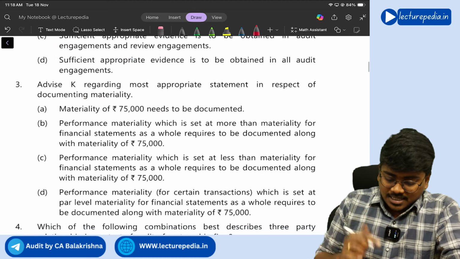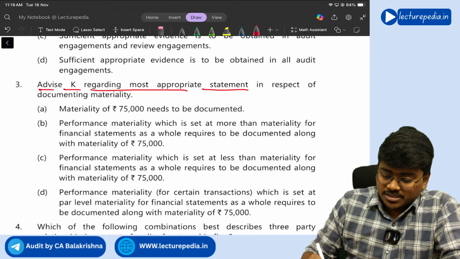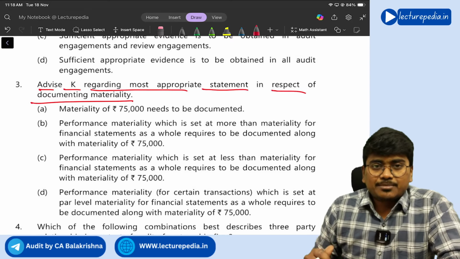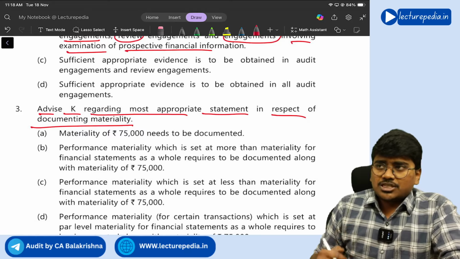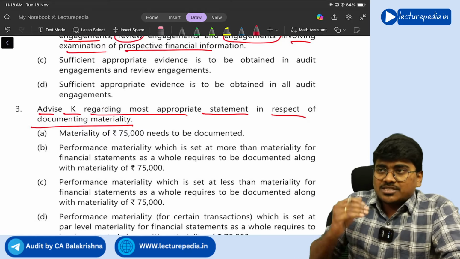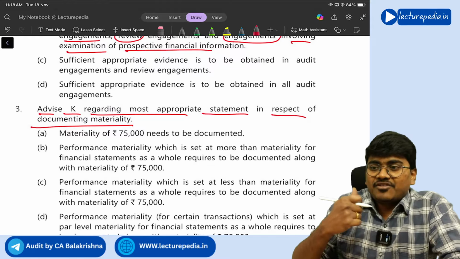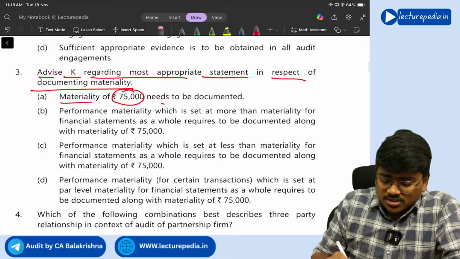Next, MCQ 3, advise K regarding most appropriate statement in respect of documenting materiality. So, see, for the third MCQ, and the second MCQ, you need to read the options. Only if you read the options, you will be able to identify which option is correct. Let's see. Materiality of 75,000 needs to be documented.